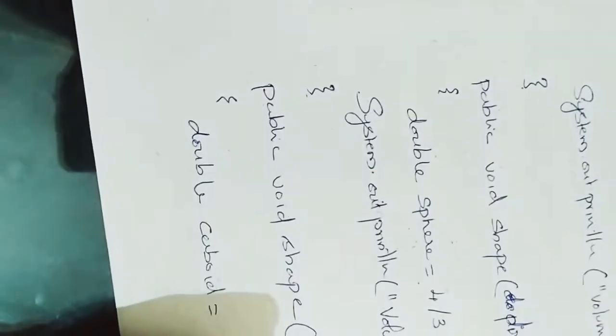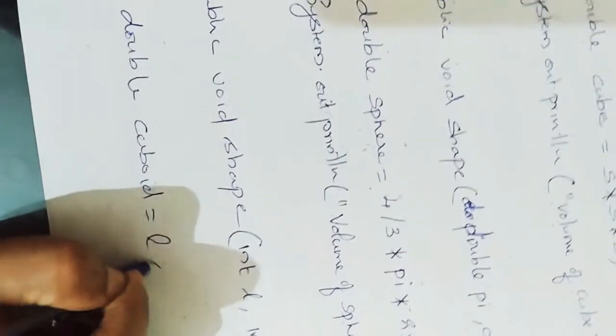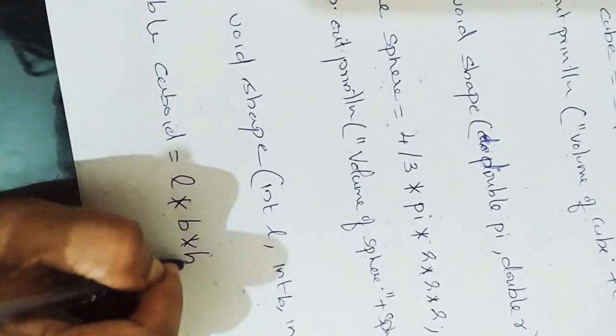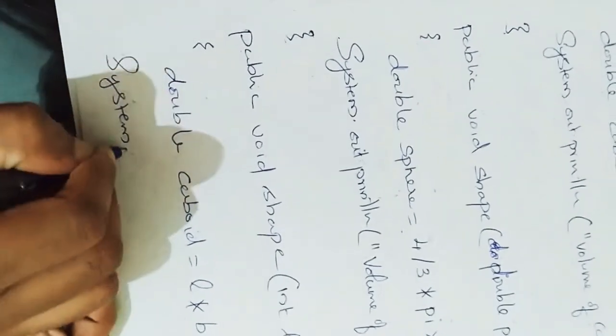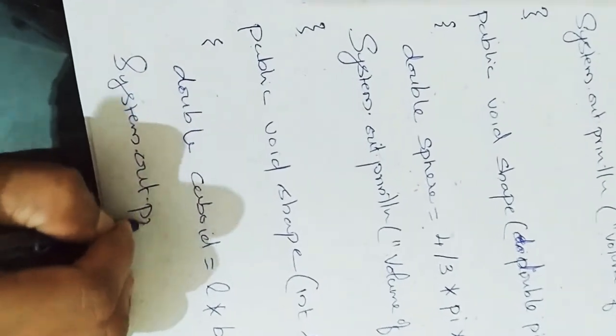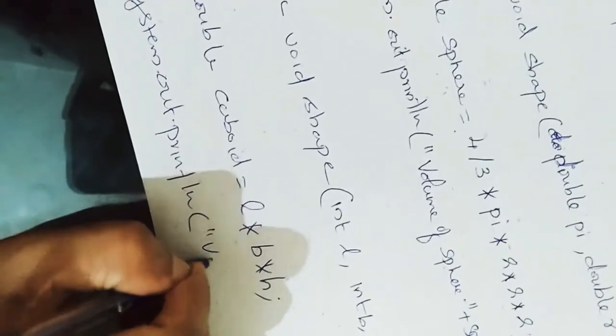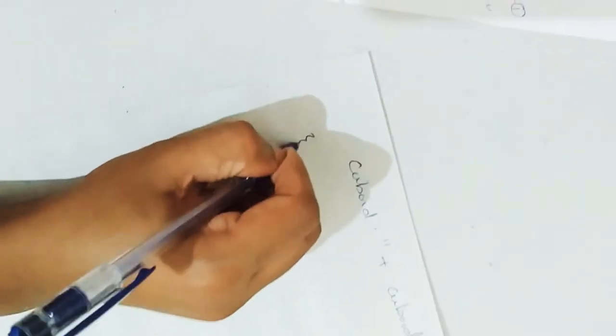Cuboid is equal to L star B star H, and then the printing statement is very important. println volume of cuboid is cuboid. Okay, and this method is closed.